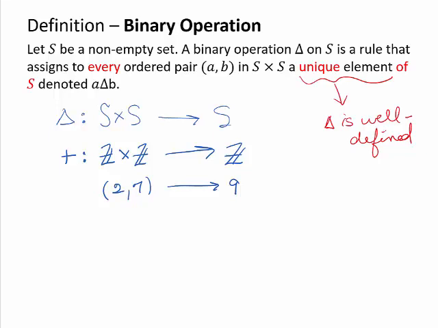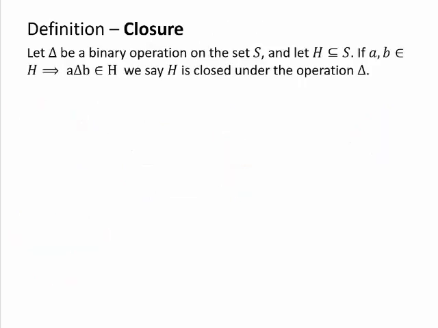And another word for saying that it produces a unique element of S, in other words, it always gives you an element of S, this is called closure. S is closed under the operation.